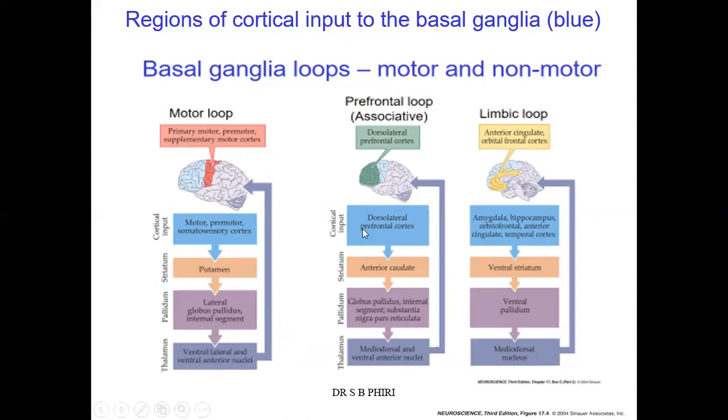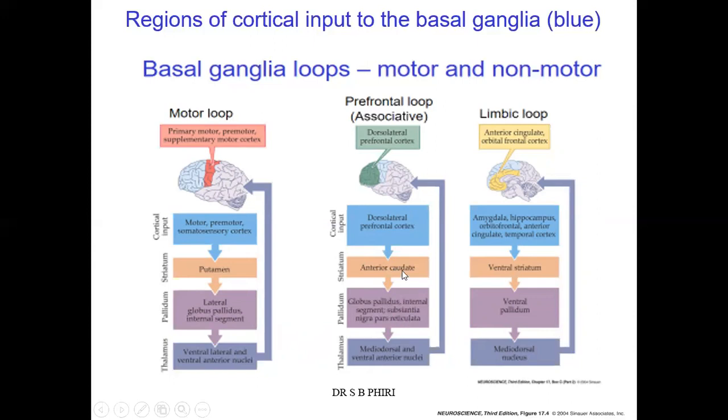But I just want you to appreciate which part of the cortex is projecting to which part of the basal ganglia. Then the middle part here, we have the prefrontal loop, which is an associative area that is also projecting to the basal ganglia. So we have the dorsolateral prefrontal cortex that is projecting to the striatum via the anterior caudate, the caudate nucleus, that will project to the globus pallidus internal segment and substantia nigra pars reticulata.